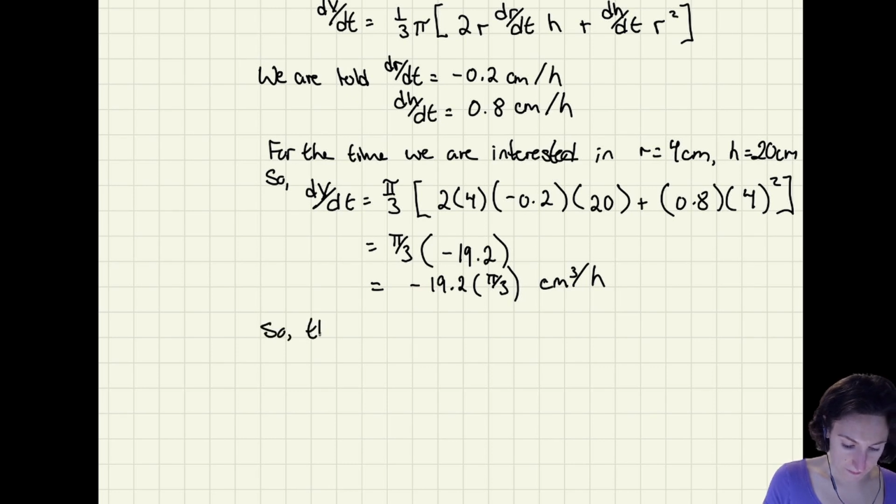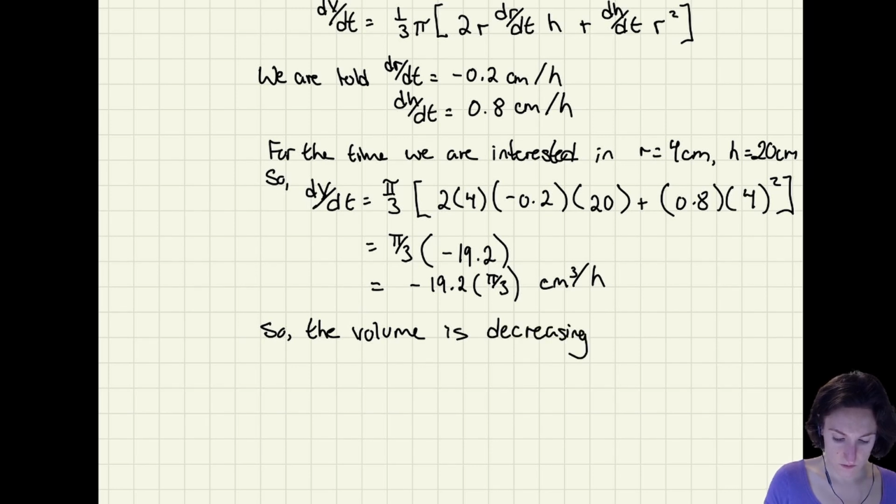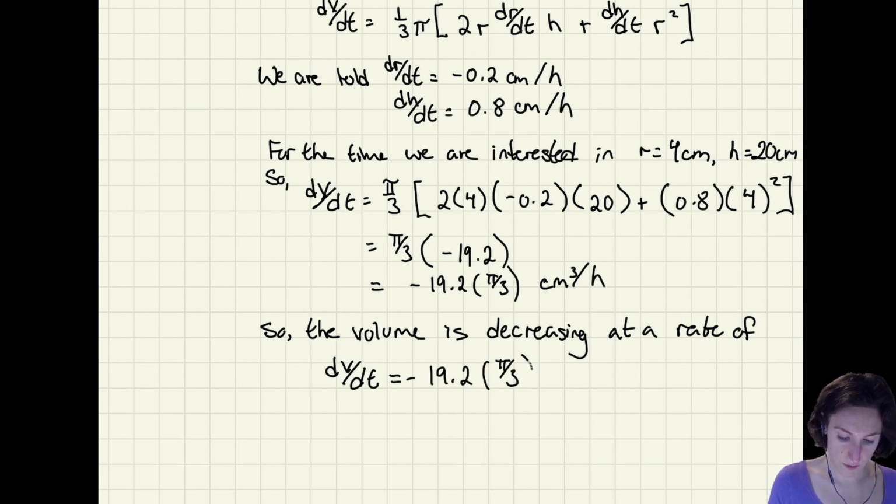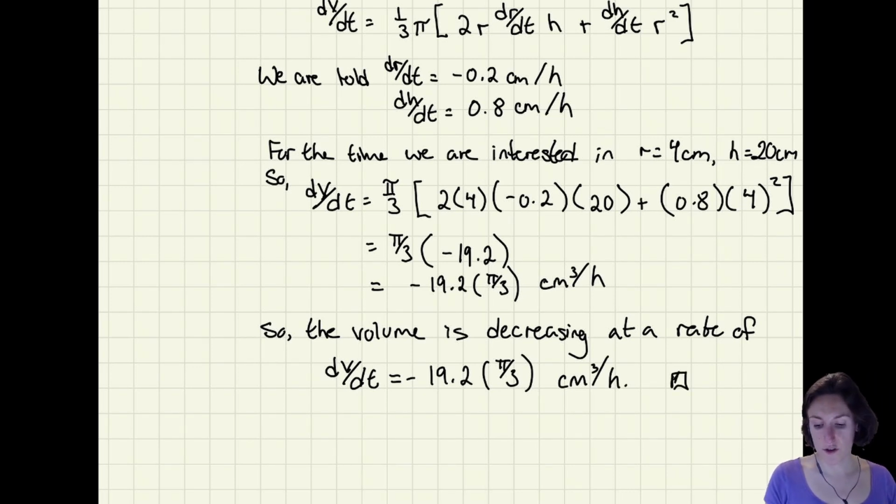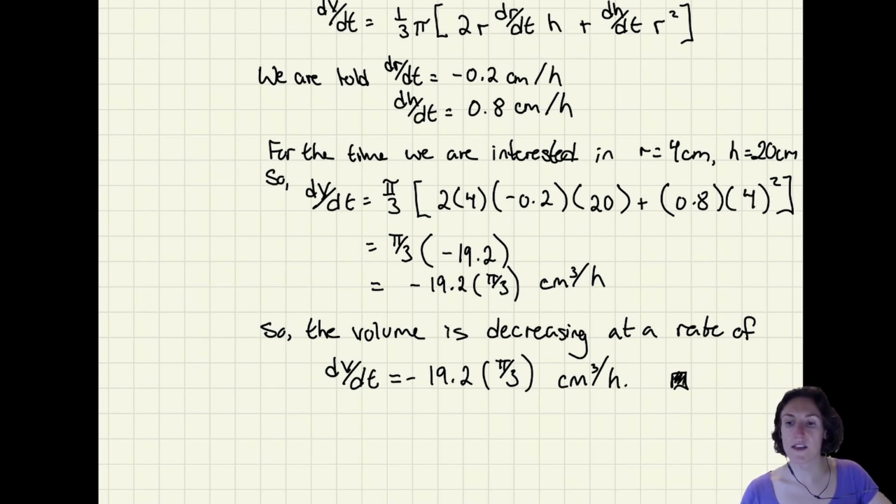So the volume is decreasing at a rate of dV/dt is equal to negative 19.2 pi over 3 centimeters cubed per hour. Make sure that at least in your final answer, the final statement, you do state what the units are, the dimensions of this, because there will be marks assigned for that.